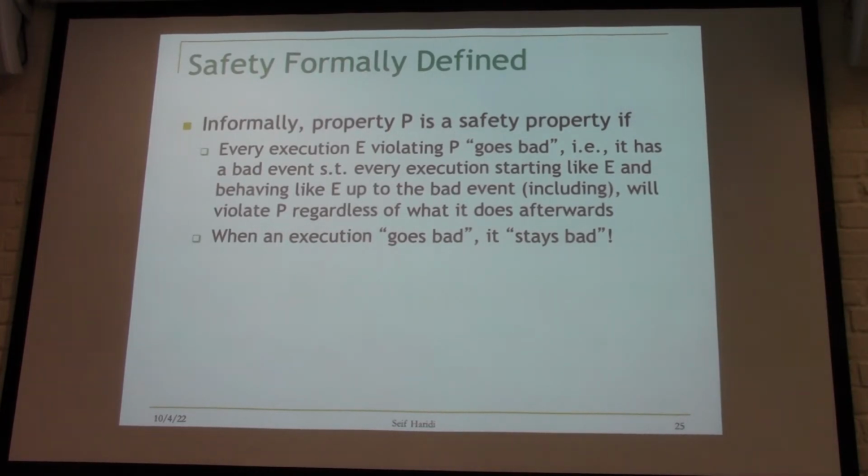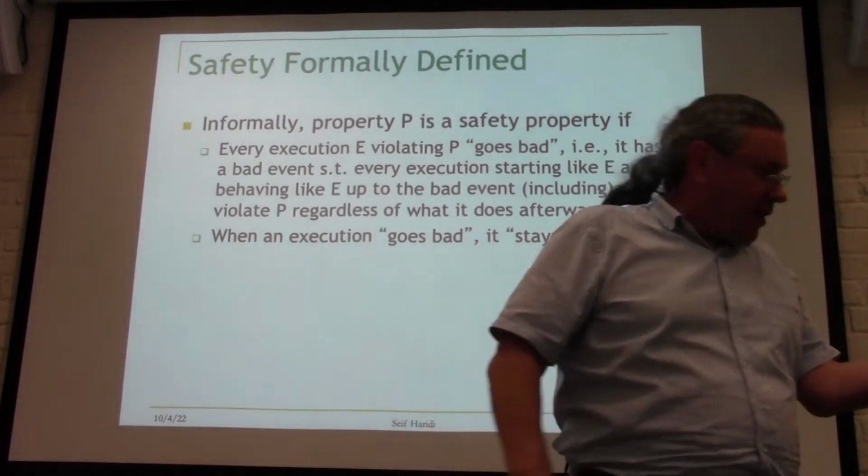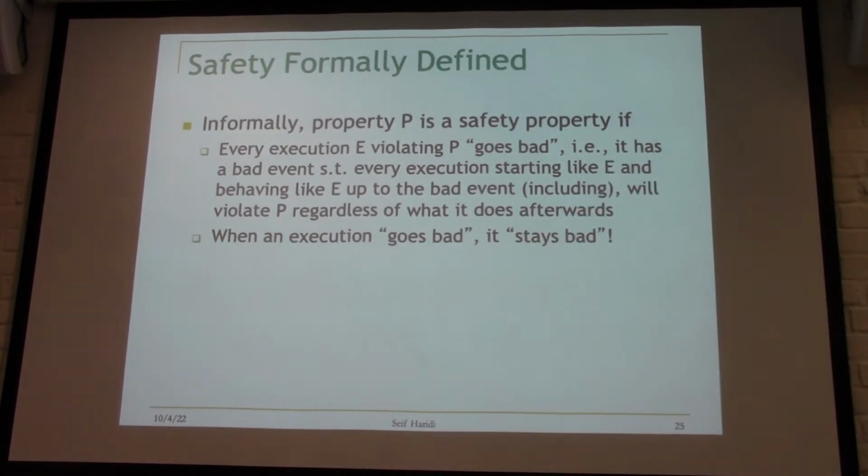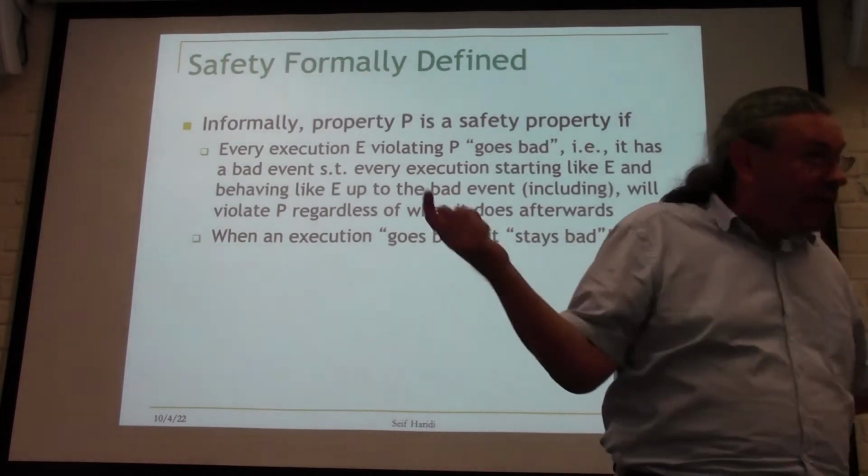For example, I'm holding an egg. Every time I take a step, I'm holding the egg, and it's a raw egg, and I drop the egg, splat. Whatever I do after, I cannot fix the egg. It's broken.